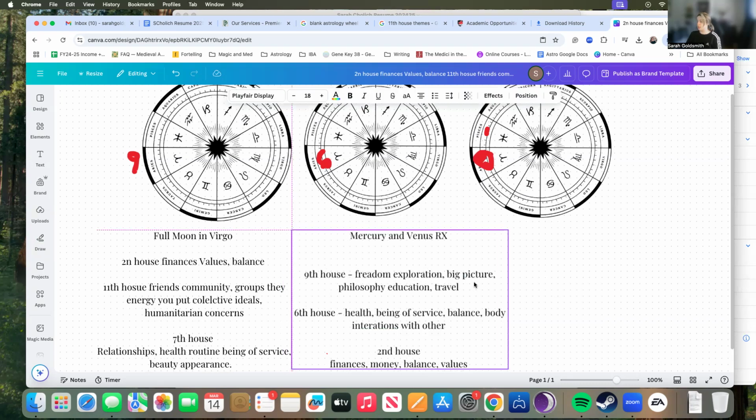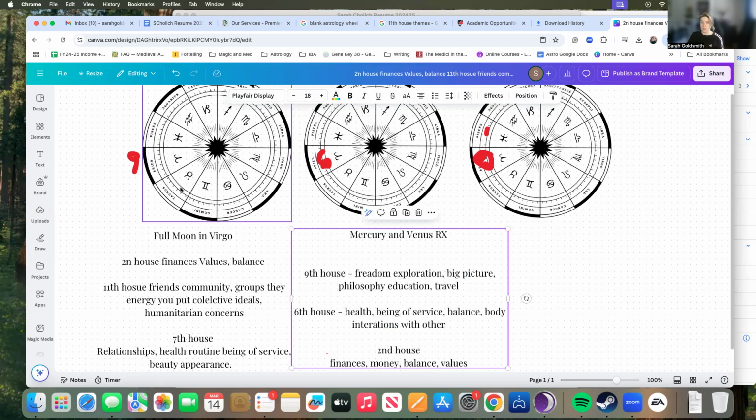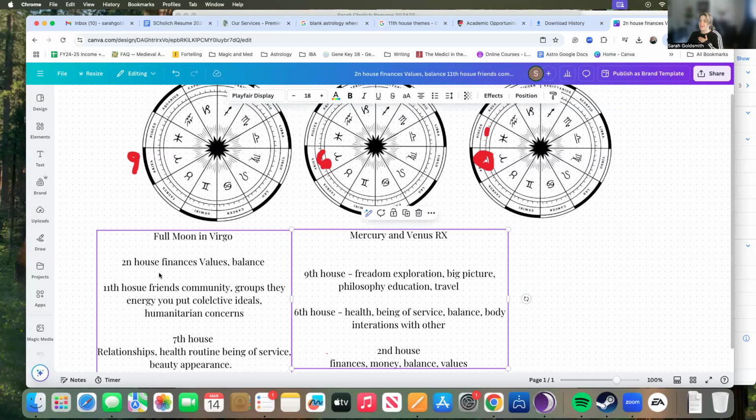And what's interesting here is you're also examining it through your own natal chart. So we can recognize Virgo rules all of these houses, technically. The second, the 11th, and 7th houses in my solar chart. Sorry, that made no sense.